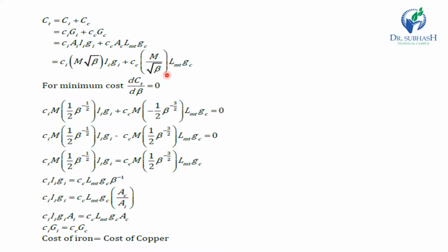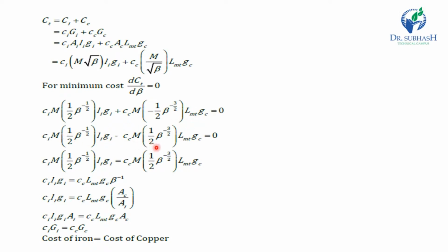Differentiating this equation, we get Ci into m, which is a constant, and the differentiation of under root beta is one half beta to the power minus one half, and Li into gi is constant. Here Cc into m is also constant. So the differentiation of 1 upon under root beta is minus one half beta to the power minus 3 by 2, into Lmt into gc.